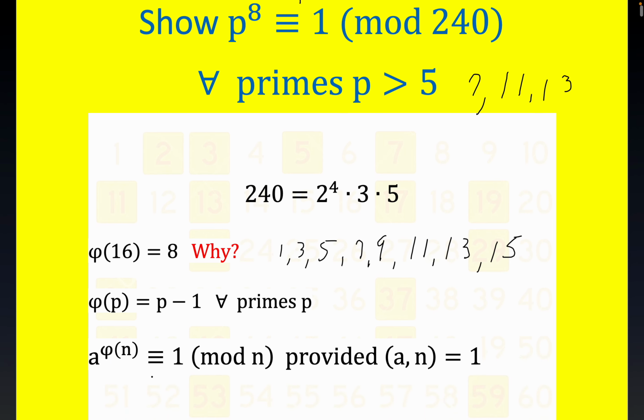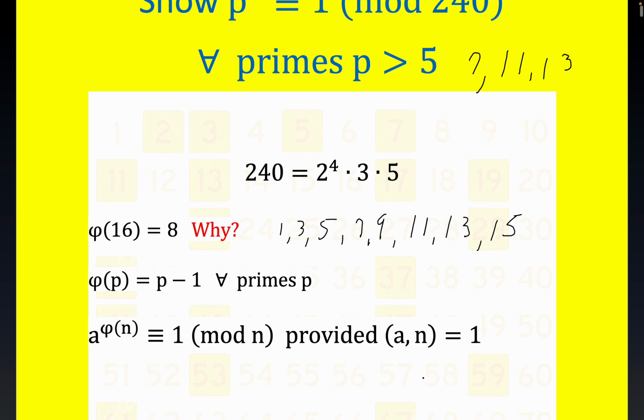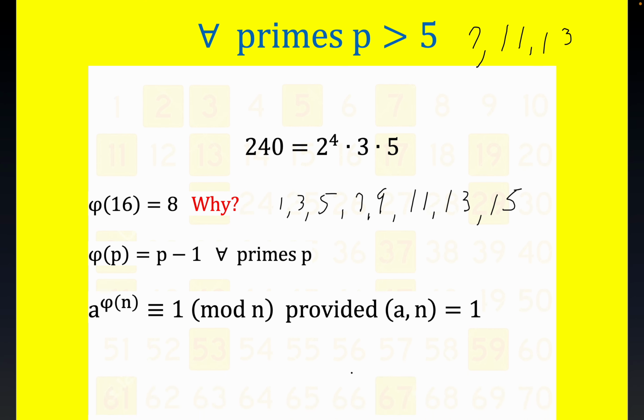Now, why is that important? Well, there's something called Euler's formula that is an enormous aid in reducing the exponent in exponential expressions. It holds provided that the base and the modulus are relatively prime, that is, they share no common factors. Now notice we can rewrite this in a way that's quite convenient. We know that phi of p is equal to p minus 1, so you can rewrite this in a form that's very popular. It's called Fermat's, I think, little theorem.